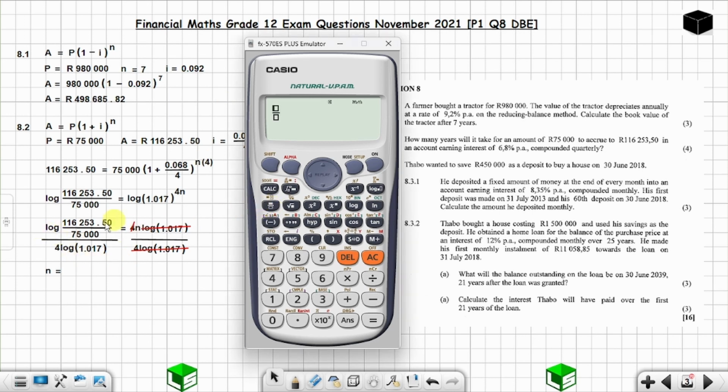So you are going to plug this, close the bracket, over 4 log of 1.017. Okay, this is equal to, rounded off to 2 decimal places, 6.5.